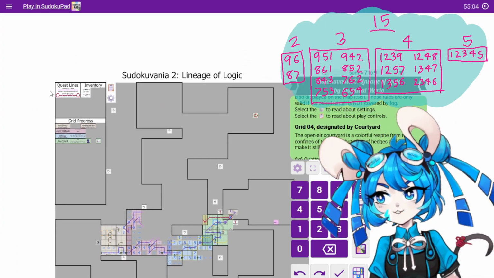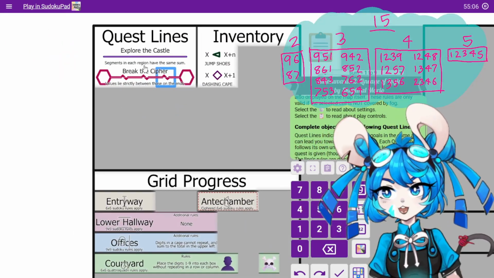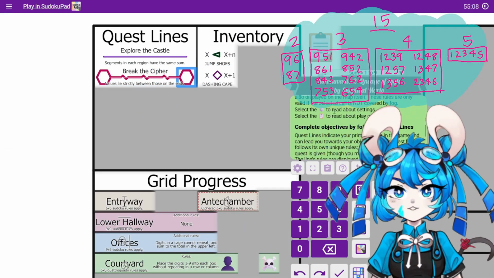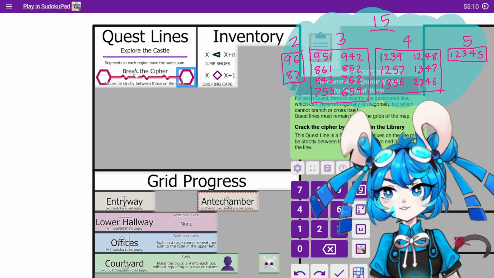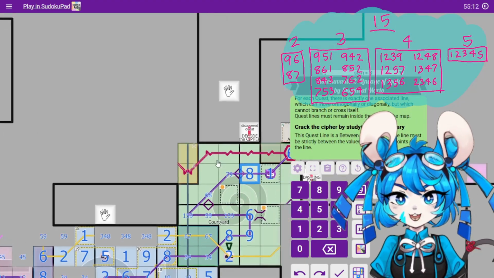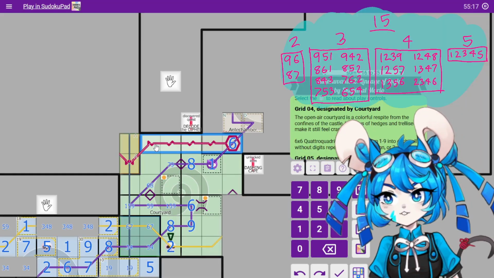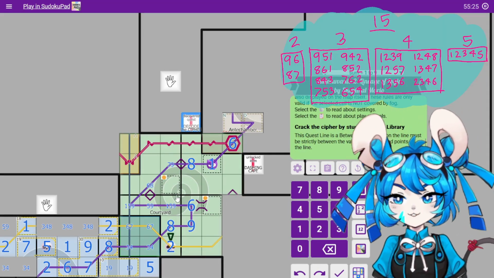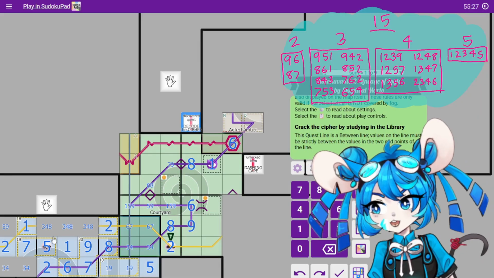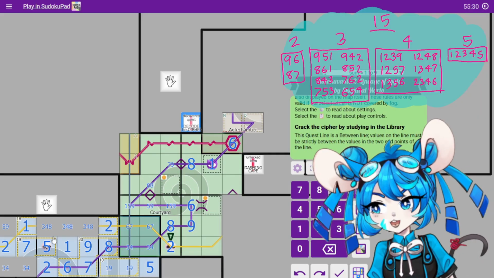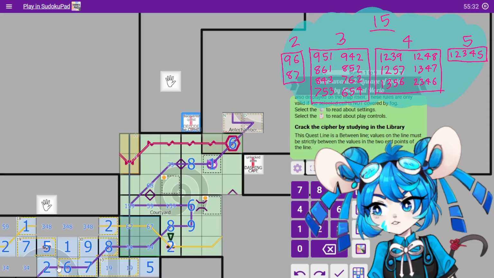Which line is this? This is the hexagon. So this line here, this one. Wait, this quest line. Values on the line must be strictly between the values in the 2 endpoints of the line.